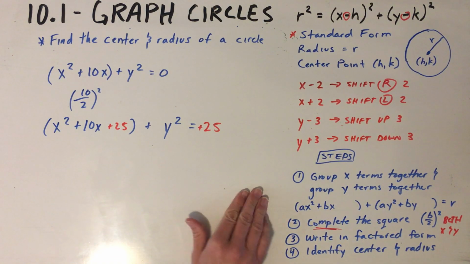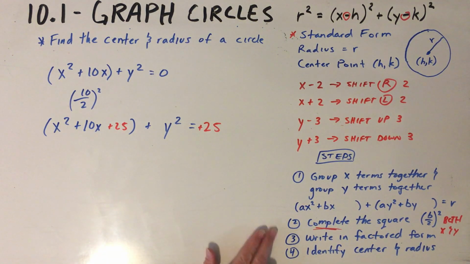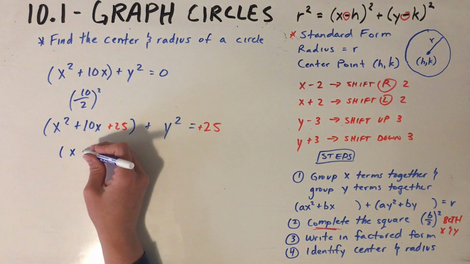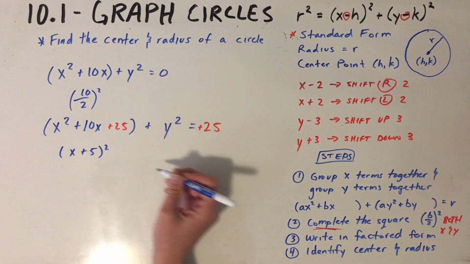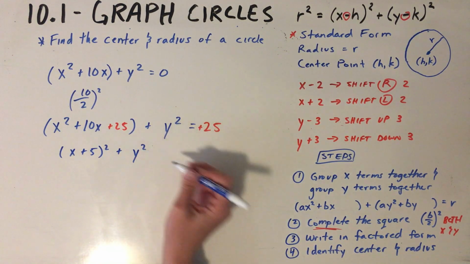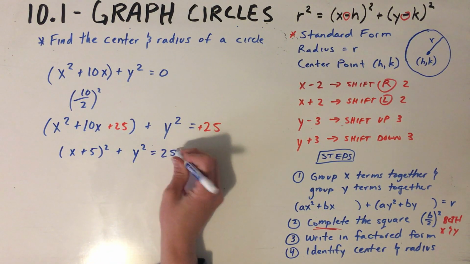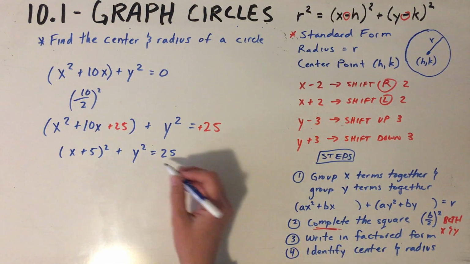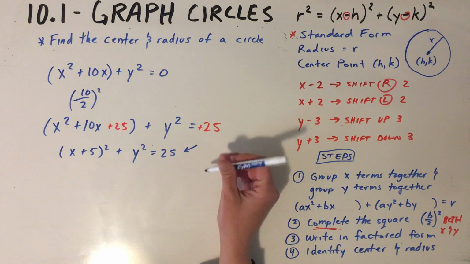So I've now grouped and completed the square here. I want to write this in factored form. So this is going to be x plus 5 squared plus y squared is equal to 25. This is now in standard form, and I can identify the center and the radius. Again, I'm going to take the square root here.